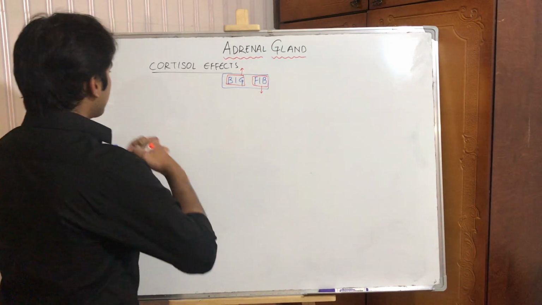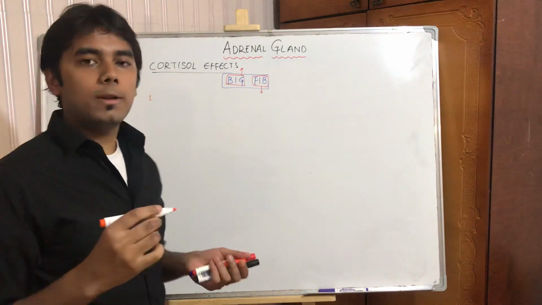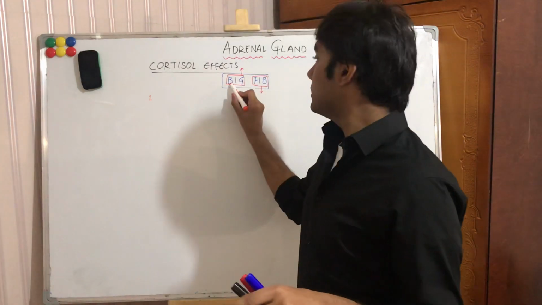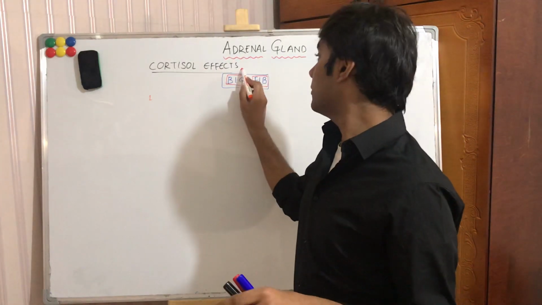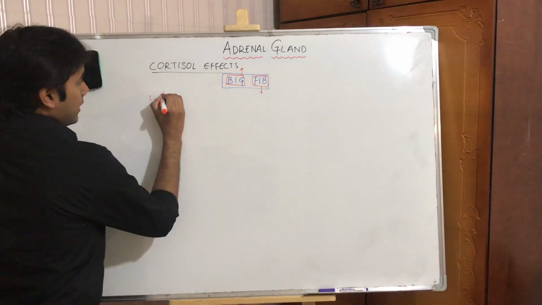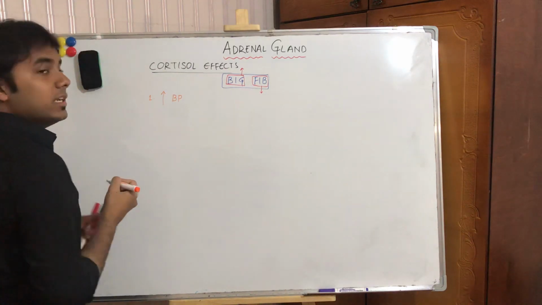Look, the first effect, B stands for blood pressure. High level of cortisol causes increase in blood pressure. Why increase? Because I told these 3 are increased, right?